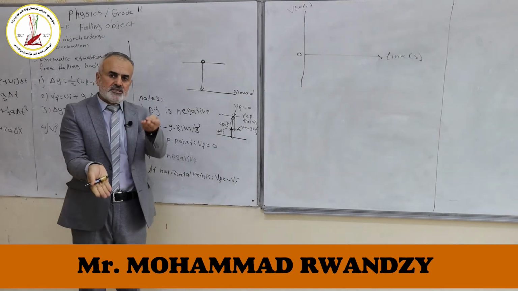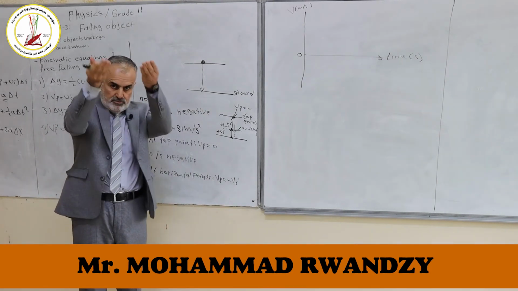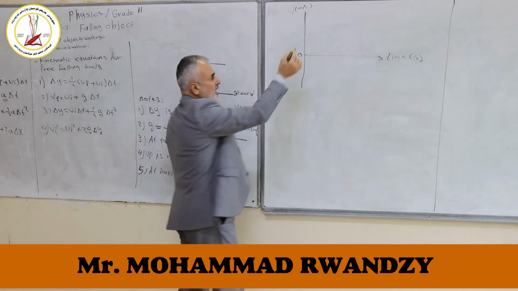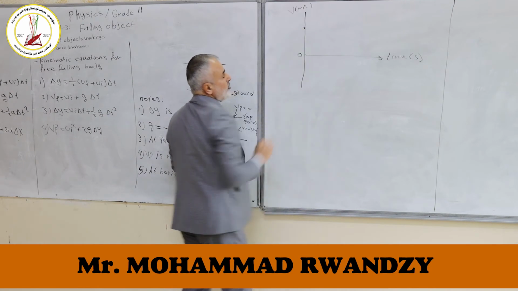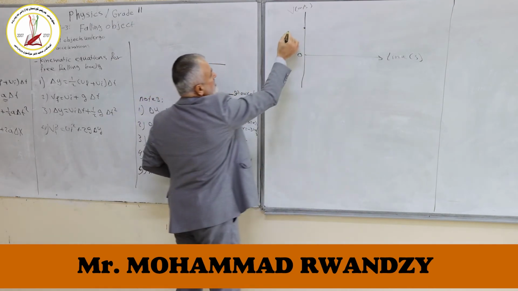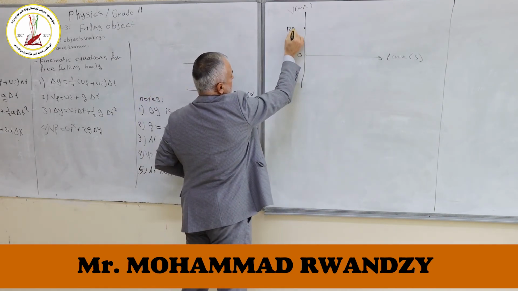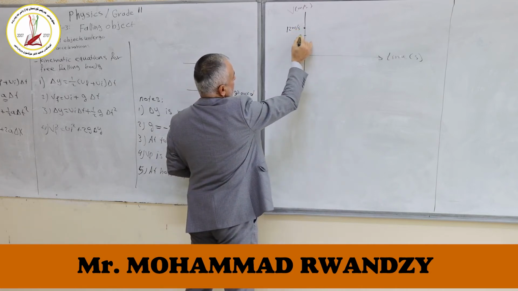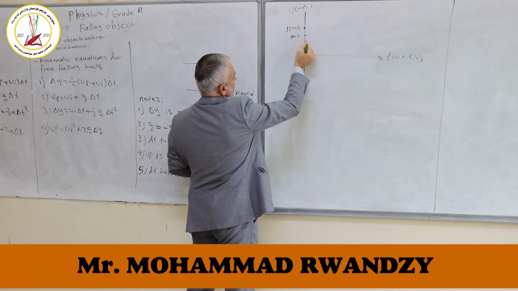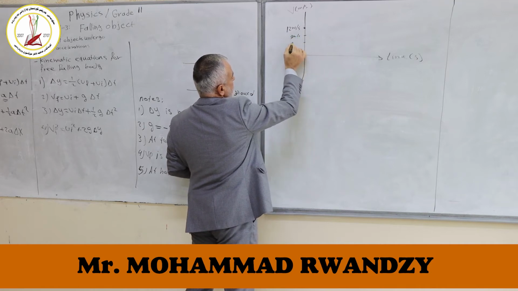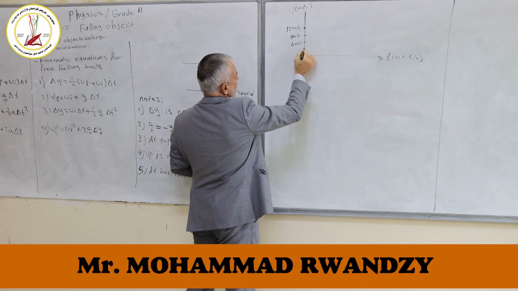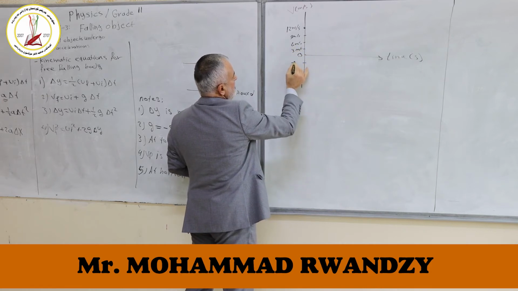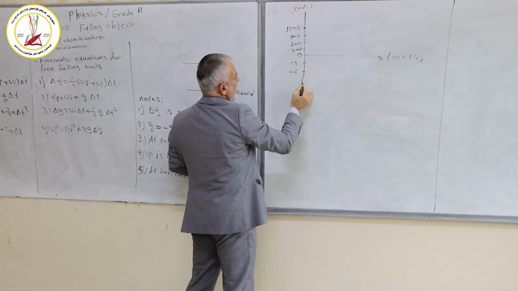First, when the object is ejected upward, here we have the maximum velocity directed up. For example, the object has 12 meters per second velocity, here 12, here 9, here 6, here 3 meters per second, here 0. And here it becomes -3, -6, and so on.